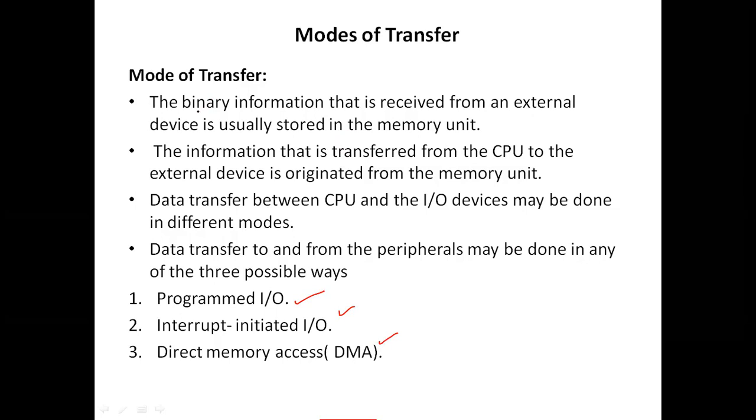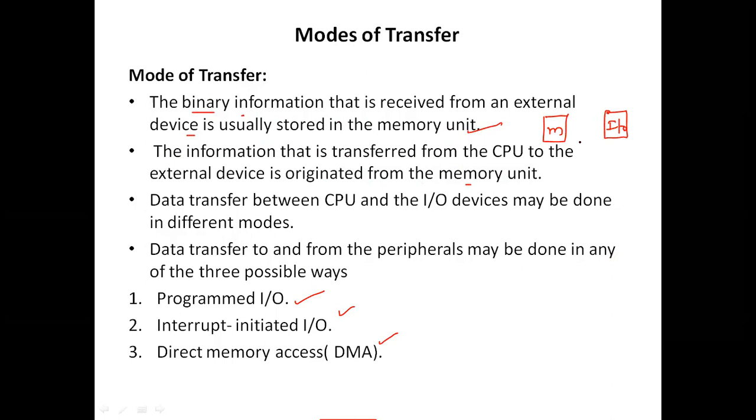The binary information that is received from the external device is usually stored in which unit? The memory unit. The information that we get from the external device, we have to store in the memory unit. The information that is transferred from the CPU to the external device originates from the memory unit.